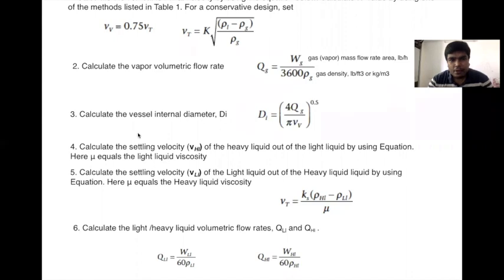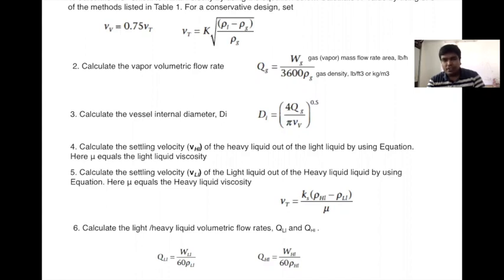Now here again, in step 4, you have to find the settling velocity of heavier liquid, Vhi, right? Now this you see, the particle which is heavy and which has to be separated out and go to the heavier phase again, right? So from where it will separate out? It will separate out from the lighter liquid.